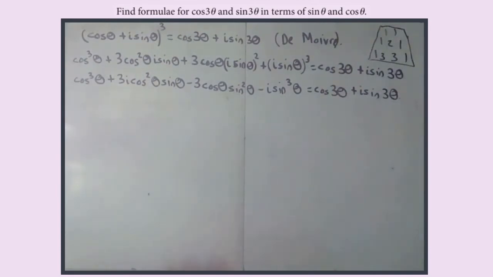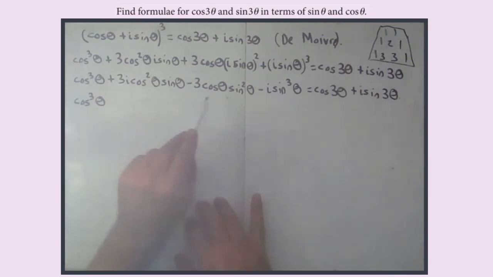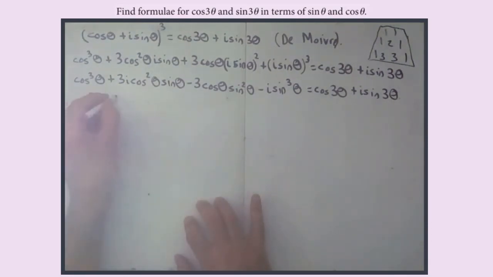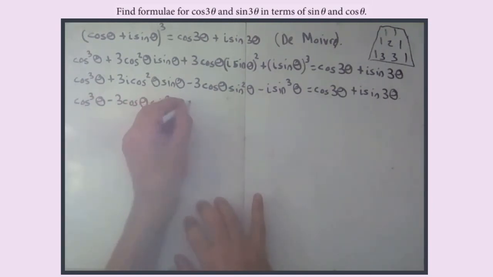So now, before we start to compare real and imaginary parts, I'm just going to group the left hand side nicely. The real component is cos cubed θ, that is real. The second term has an i in it, so that's imaginary. The third term is real, so minus 3 cos θ sin squared θ. That's the real part, plus the imaginary part.